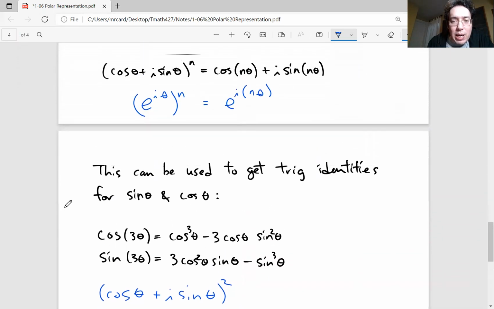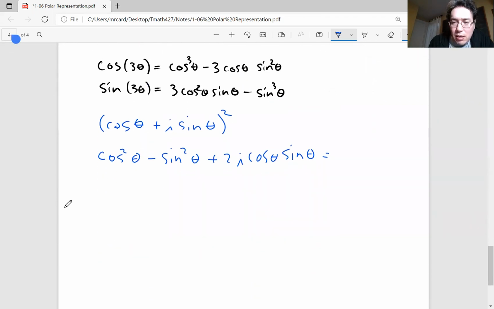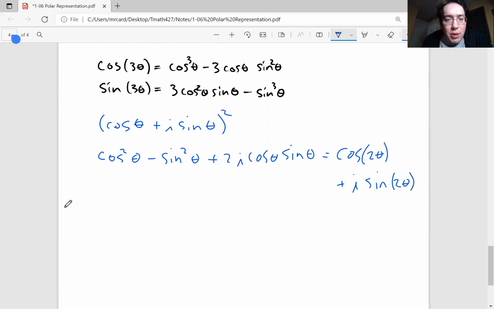And then on the right-hand side, I get cosine of 2 theta plus i sine of 2 theta. Okay, so I just squared Euler's formula.